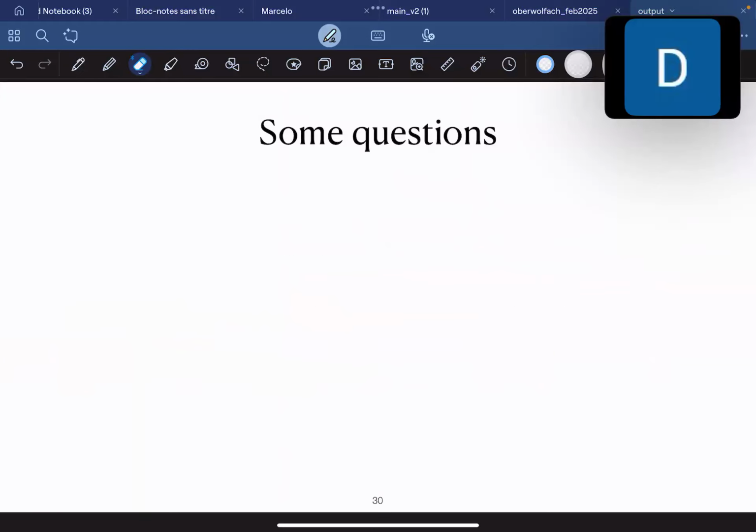So to conclude, maybe some questions you can wonder about: why not simpler? Because here I'm at the start of my Gibbs sampler. Before, I sample the index in my mixture before performing the Gibbs sampler.